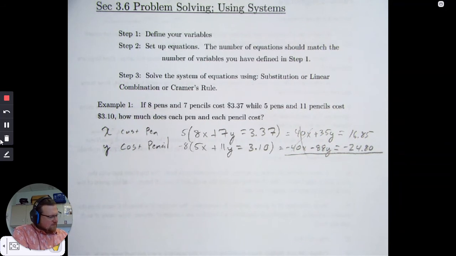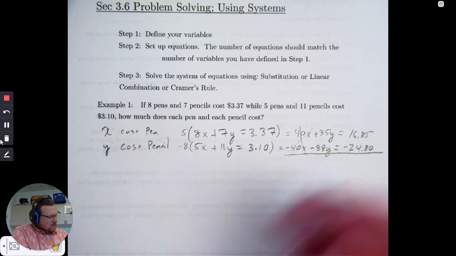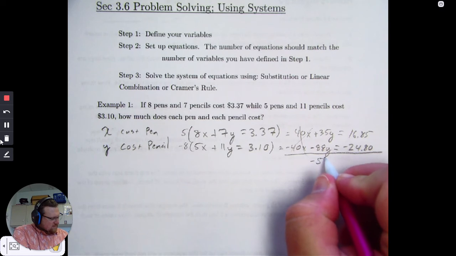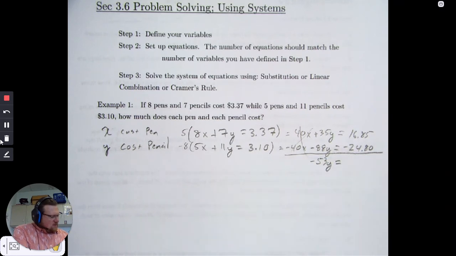If I have a positive 35 and a negative 88, that gives me a negative 53y, and that's okay that it's negative, because when you look to the other side, we're also going to have a negative number. Since we have the negative on both sides, it's going to give us a positive overall answer once we divide it out.